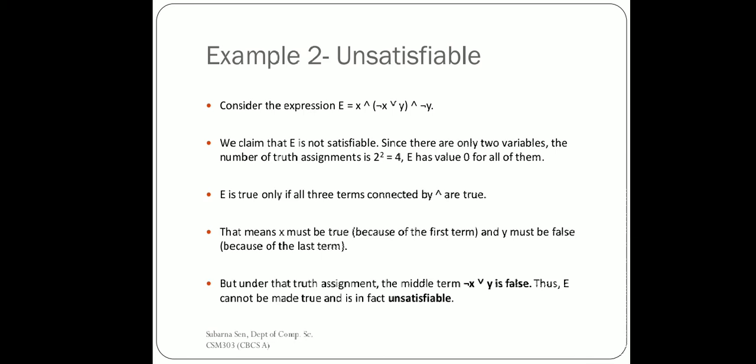Say we assign x equal to 0 and y equal to 1. For this one it will give a value 1. Fine, so let us see if any choices are possible.